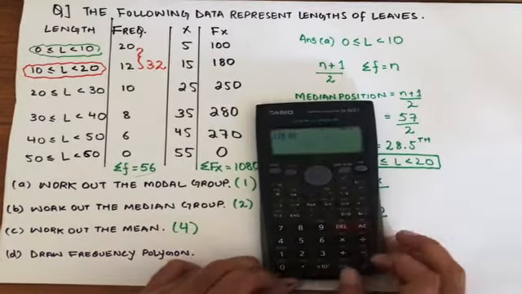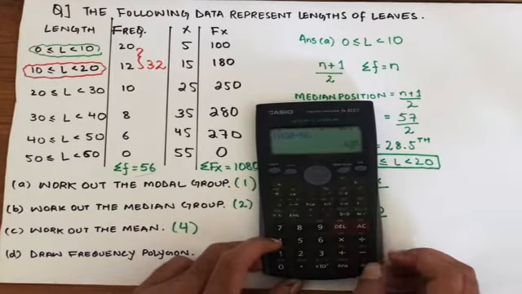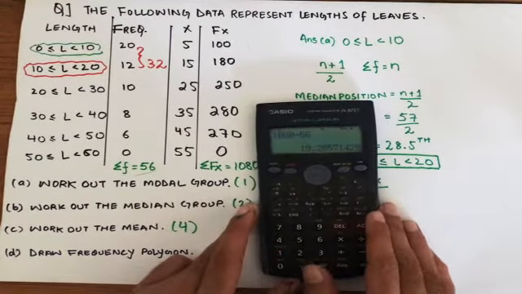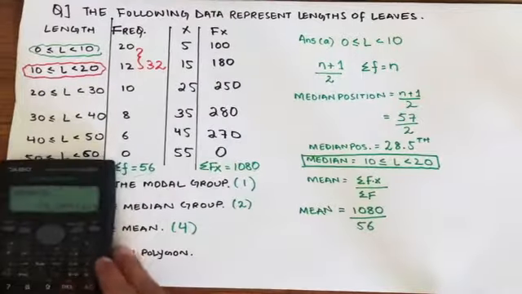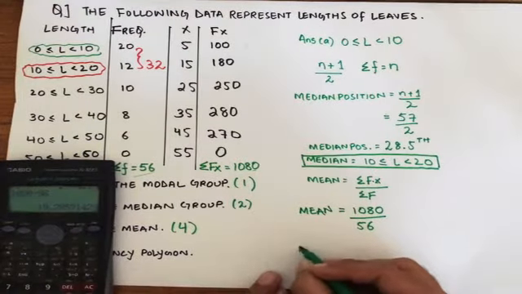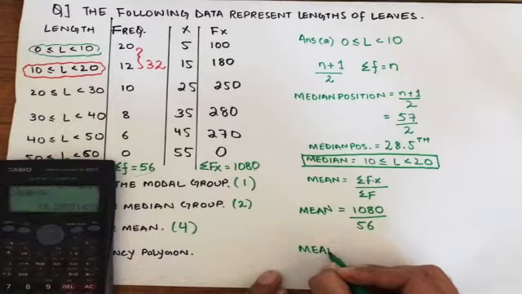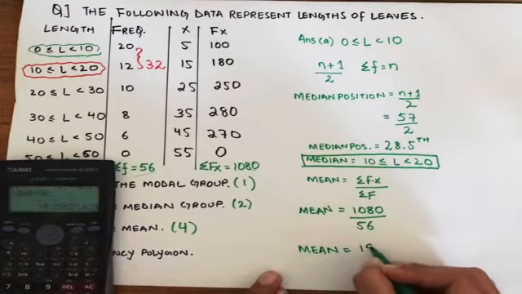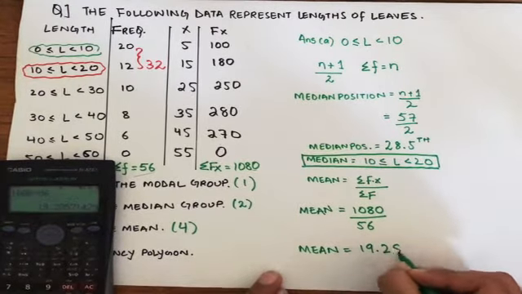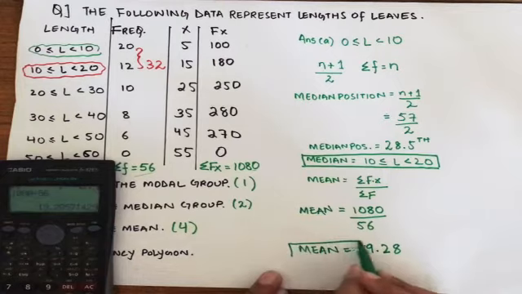So 1080 divided by 56 is 19.28. So your mean is 19.28.